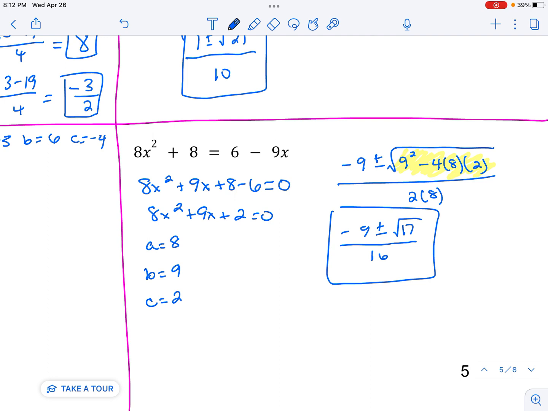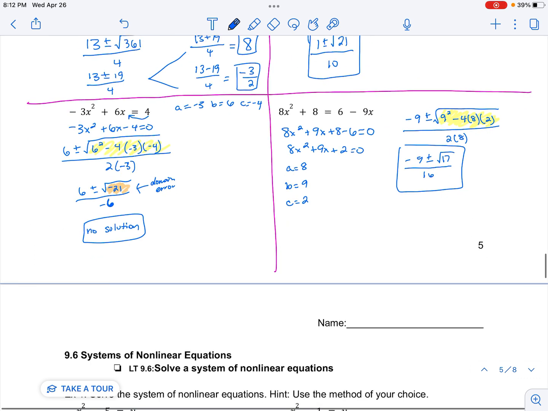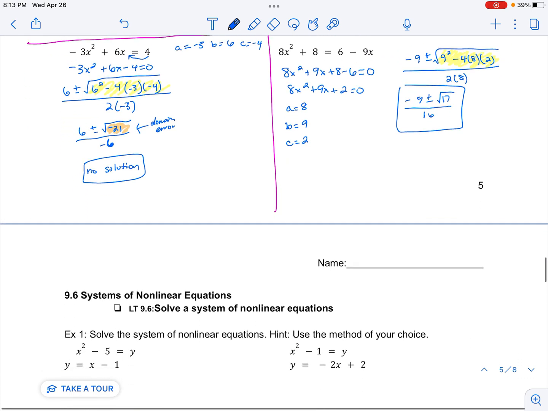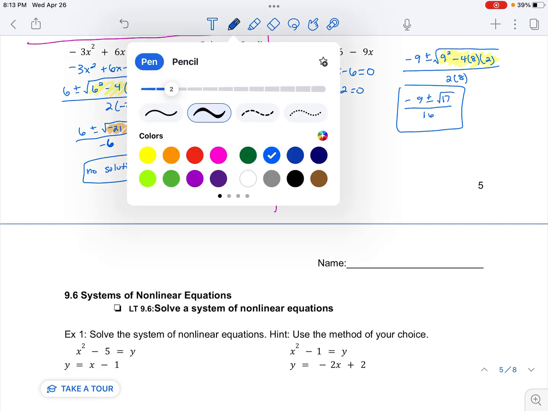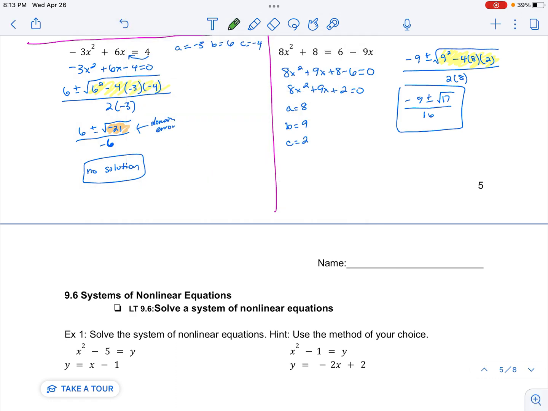I want to talk to you guys real quick about a situation that you might have occur. I'm just going to put this off to the side over here, just so you guys are aware that this could happen. If you end up with, say, negative 9 plus or minus 3 square root 5 over 6, I want to talk about this one specifically.